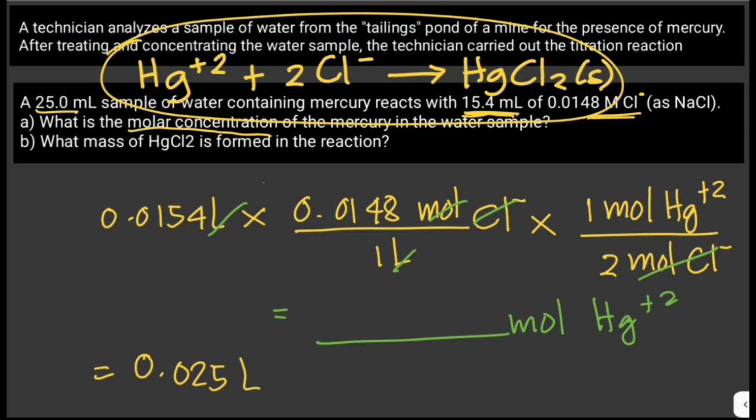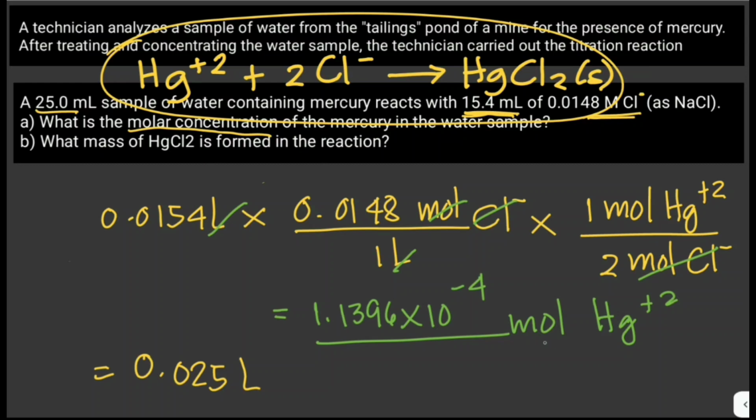So let's compute this. 0.0154 times 0.0148 divided by 2. Then we get 1.1396 times 10 to the negative 4 moles of mercury. And now we need to find the molar concentration.